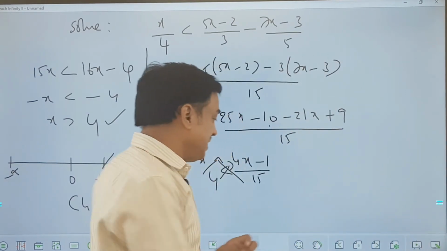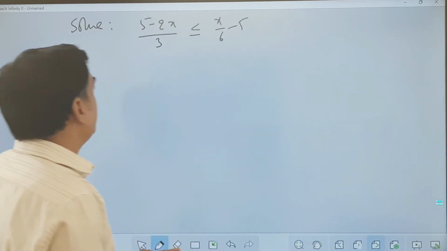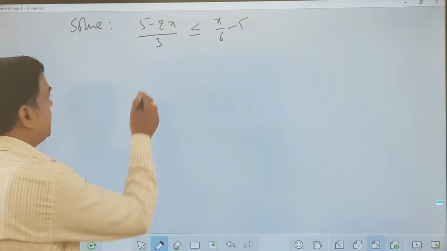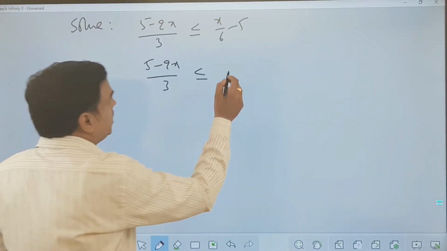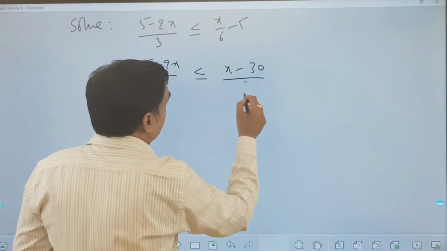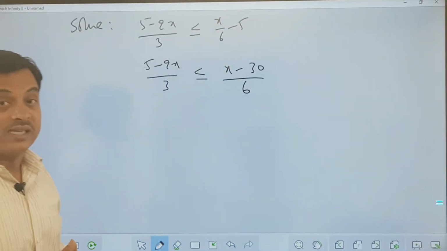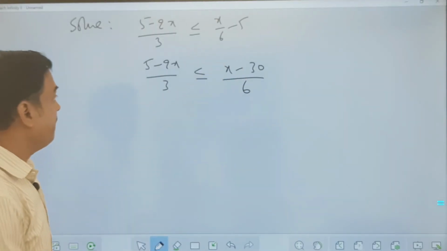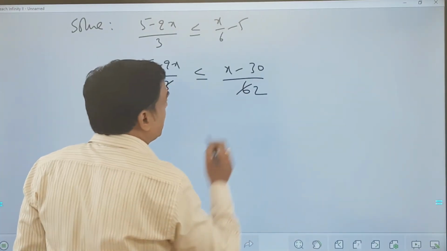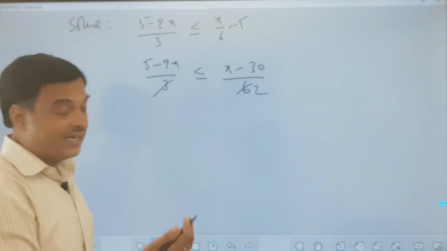Okay. So let us see another example question, friends. Seems to be (5 minus 2x) upon 3 less than or equal to 6 minus x, 30 by 6, x minus 30 by 6. Please understand, I've taken just an LCM, okay, and this can get cancelled by 2. Since they are positive, we can directly do that.